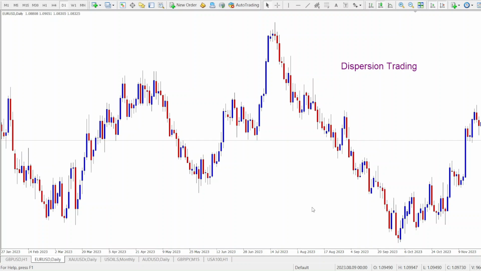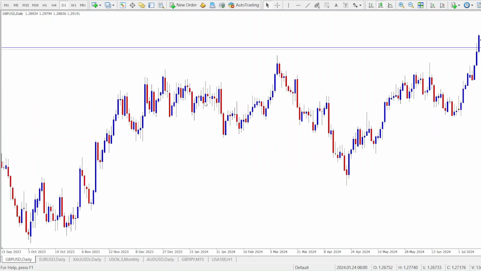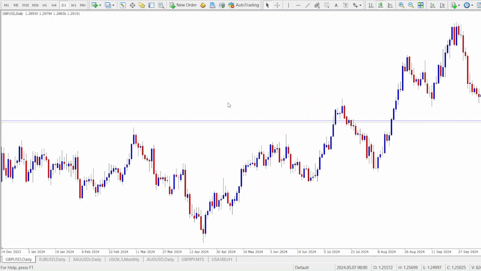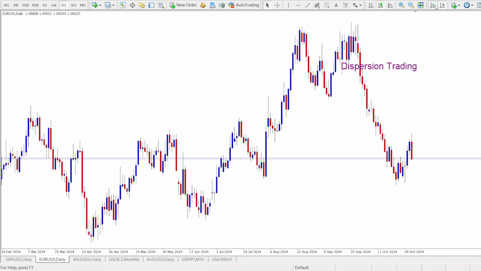So now let us imagine you have two currency pairs that usually move similarly. This is the Euro USD chart, and then this is the GBP USD chart. Now, it's not like they exactly have the same price movements per se, but sometimes they might move similarly.